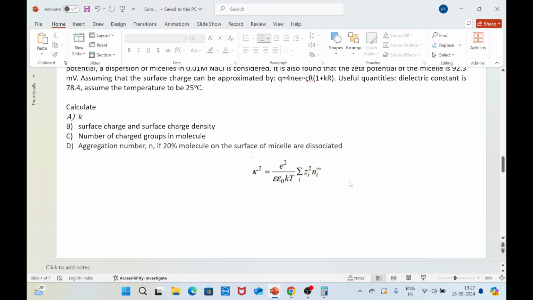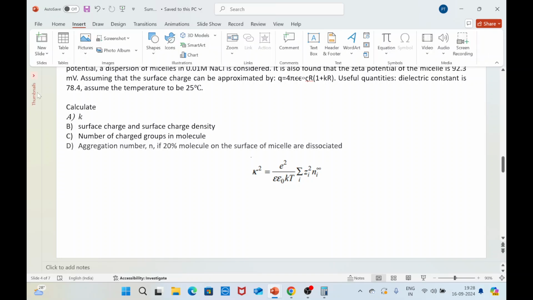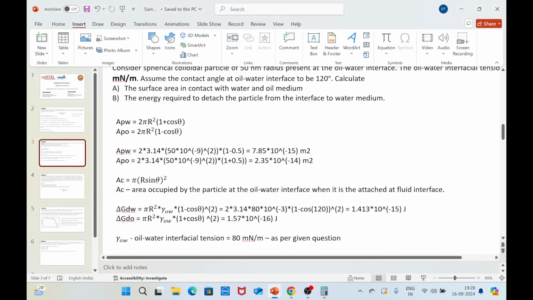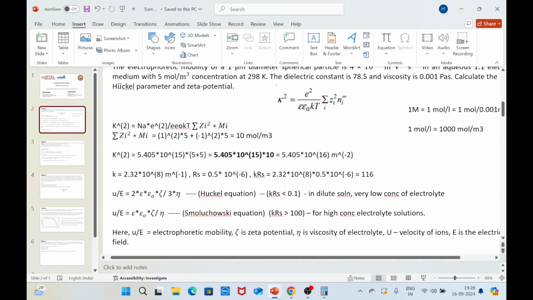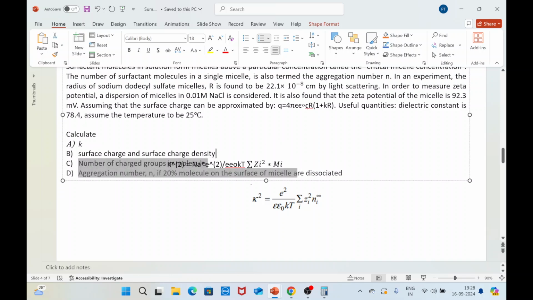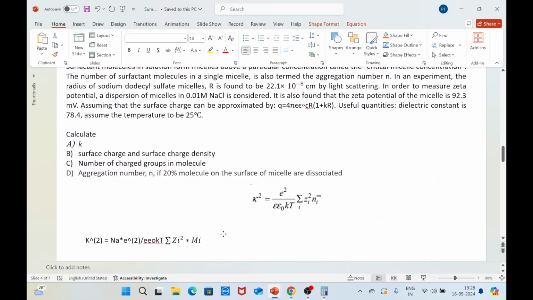So this is your expression for the Debye-Huckel parameter calculation. Here, as I said previously, since you have the NaCl in molar, you have to multiply by 1000.